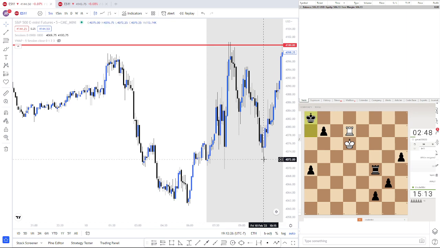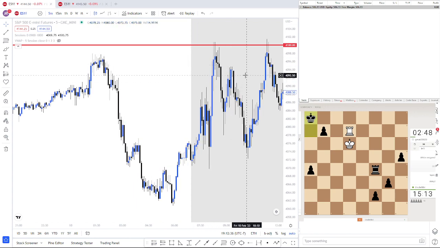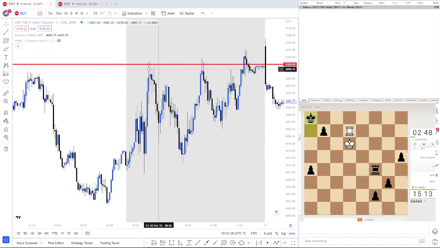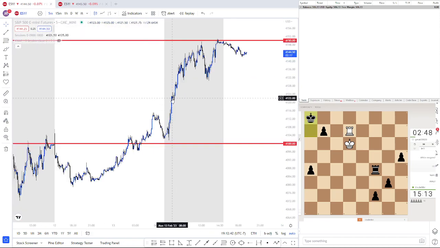So basically, what's happened is I've paid for the ES Mini, and the reason I did that is I figure the ES Mini and the US 500 actually do trade. It's the same commodity.